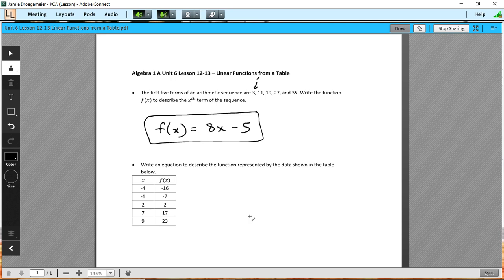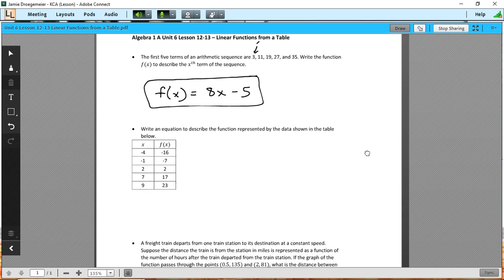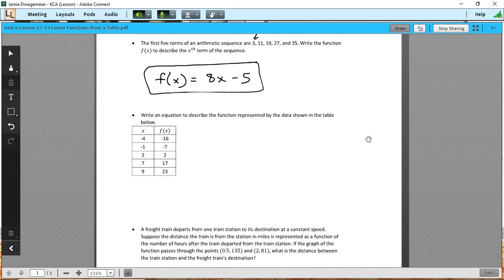Our second problem here, we're given a table and we want to write an equation to describe that data. And so again, we want to find the slope. We want to use the y-intercept if we have the y-intercept.